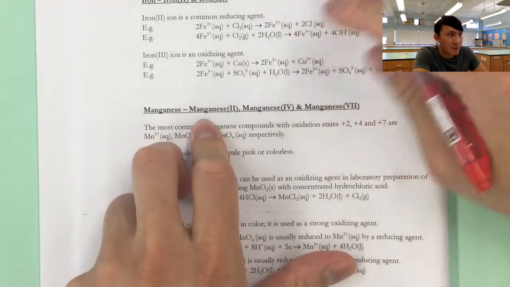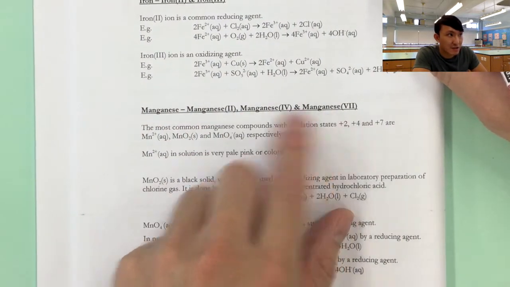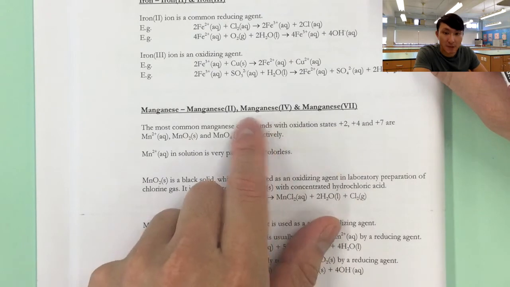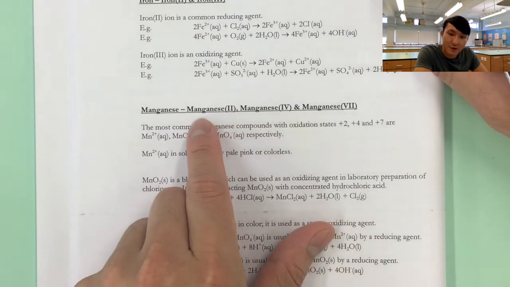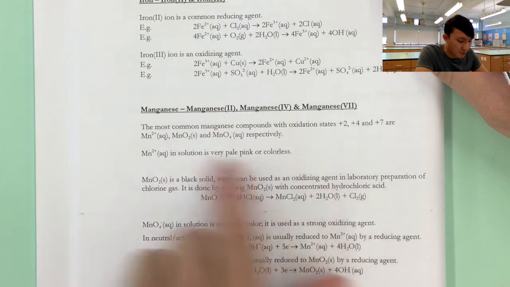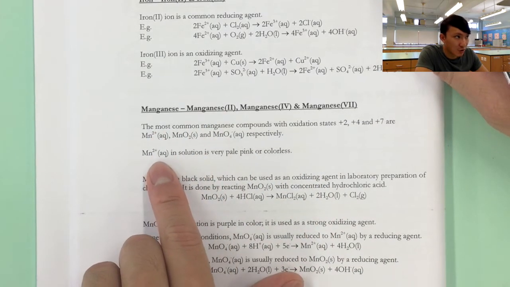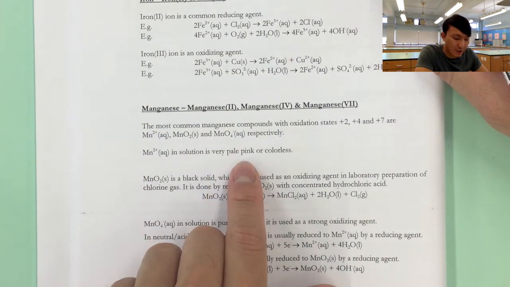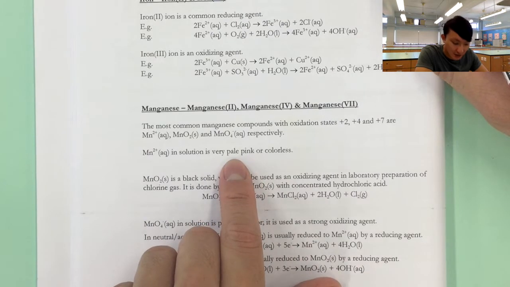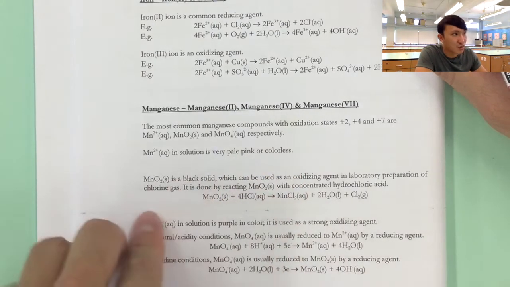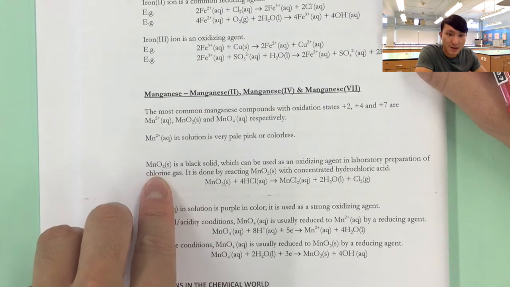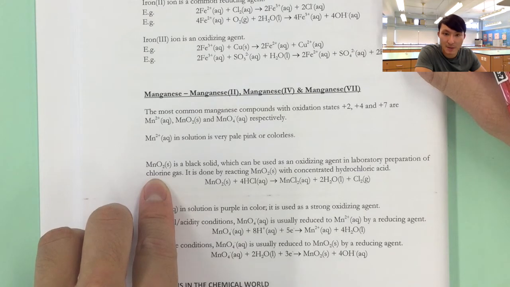Manganese can have 3 oxidation states in common compounds, and they have different color, they have different application. Now, first of all, Mn2+ in solution, if you remember, is having a very pale pink color or even colorless. Now, MnO2, do you remember that we have talked about this when we talk about redox, when we talk about zinc carbon cell?